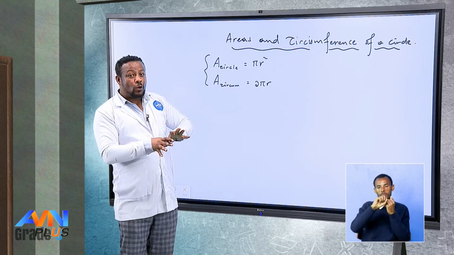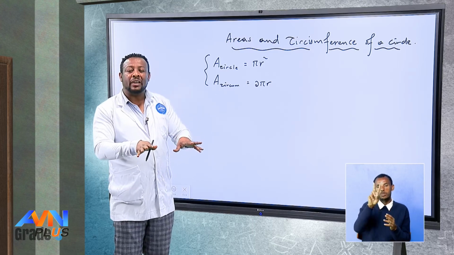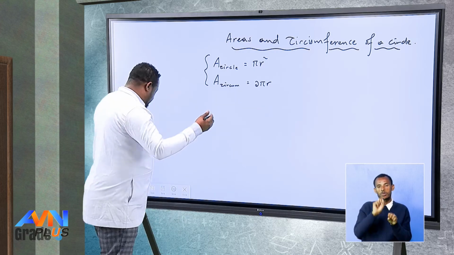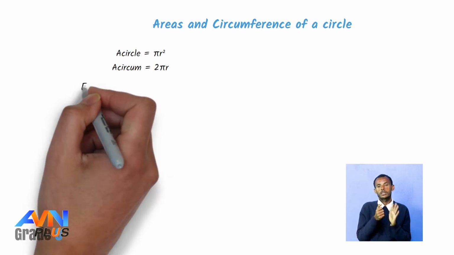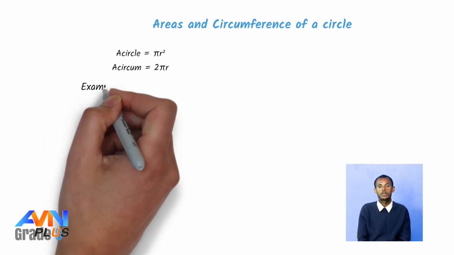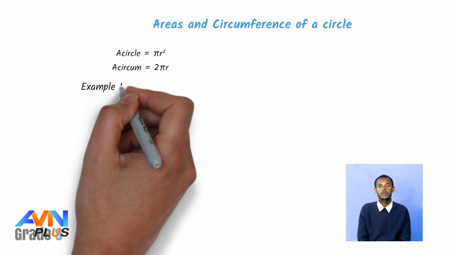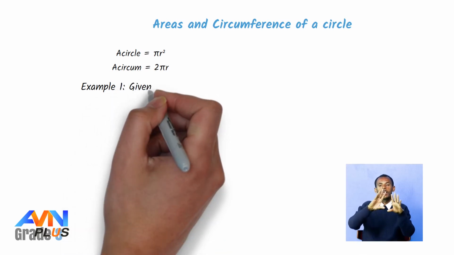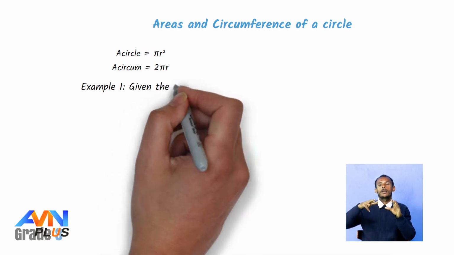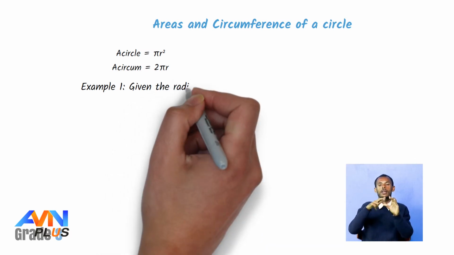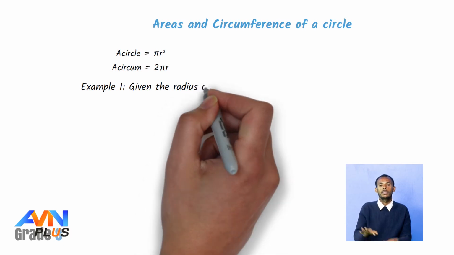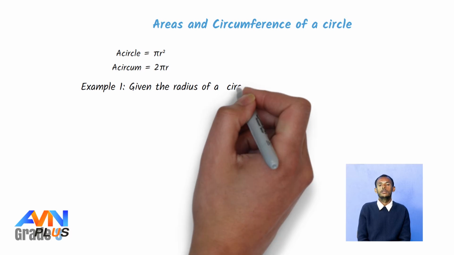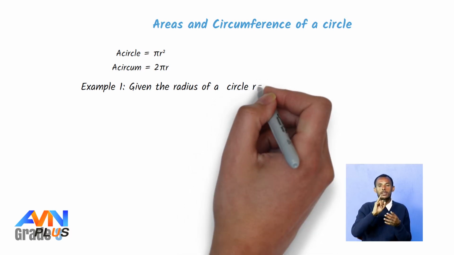So based on this formula, let's see 2 examples, then we proceed to the next point of discussion. So let's take example 1. Given the radius of a circle where r is 4 centimeter.